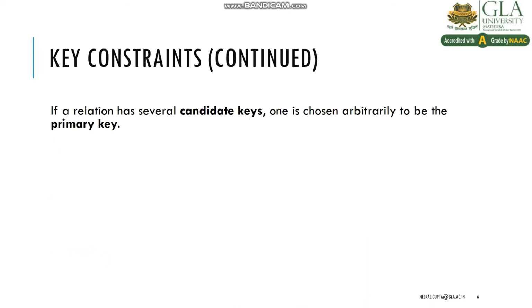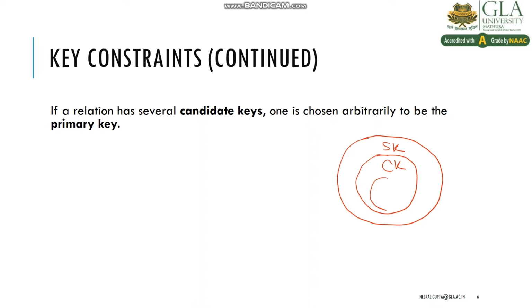Keys are also called candidate keys, and the one chosen as the primary key is for implementation purposes. In the diagrammatic understanding, the super key is a superset; inside it we have the candidate key, and inside that we have the primary key, that is PK.